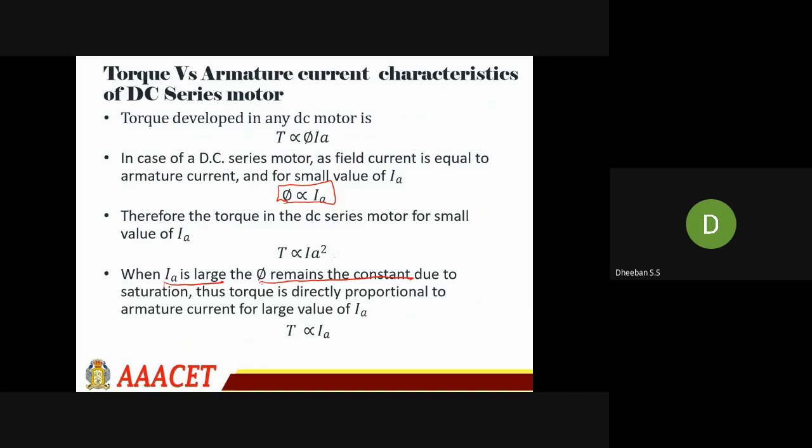That is, the flux will be varying, but when your armature current is large, your resistance must be low, RA must be low. When your IA tends to be large, your phi increases, and after some time it becomes a constant. Hence IA square becomes IA.